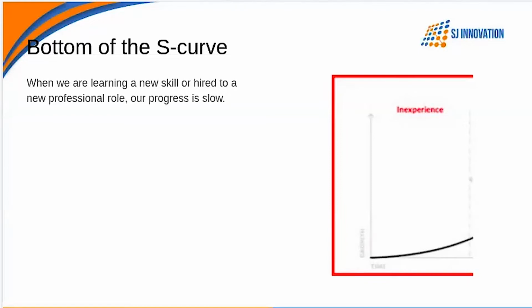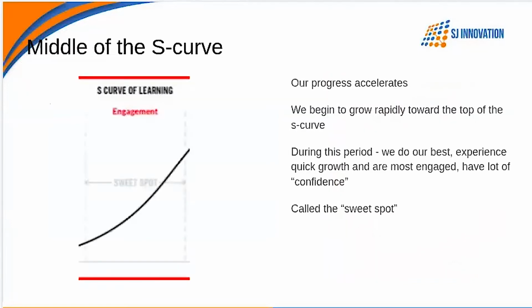That means we are doing it step by step, and the learning curve is gradually increasing in the first part of the bottom of the curve. Now, as we keep learning, we come to the middle of the curve. The middle of the curve, if you see, has a very steep growth.